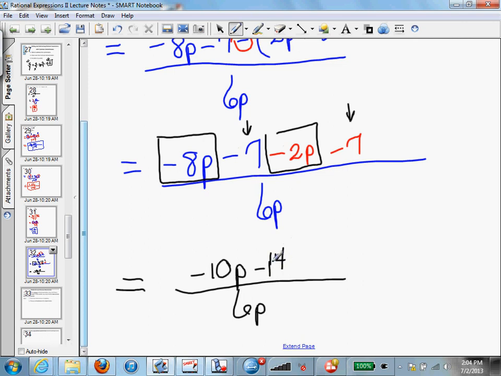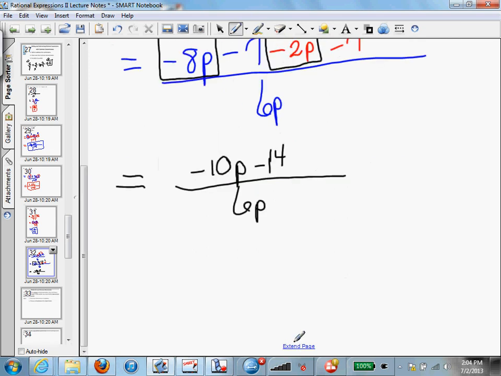Now it's important to note that this can be factored even further, because if you note, a 2 can be brought out of this first term. So we have 2 times, and then we have negative 10p divided by 2 is just negative 5p.